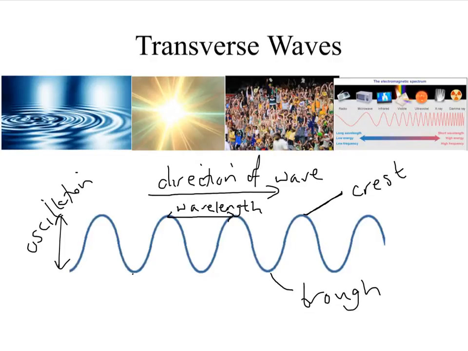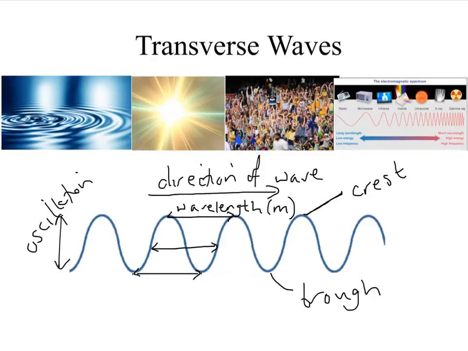Equally, we could draw it between these two troughs down here, or we could draw it between these two points on the wave. So if you look, we can see the wave is about to go up, and here again the amplitude is increasing, so these two points are identical, and hopefully we should be able to see that this length and this length are all the same, they're all equal. Wavelength is a distance, and so it's measured in meters.